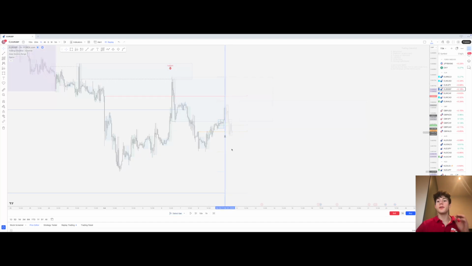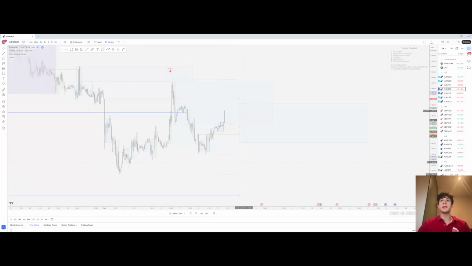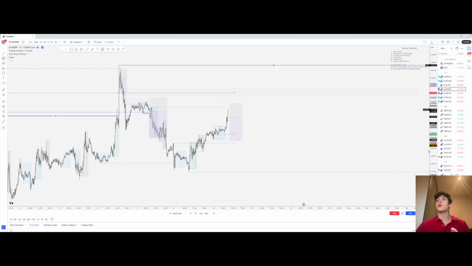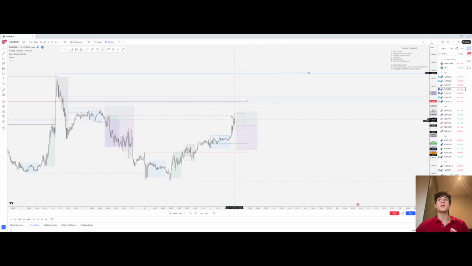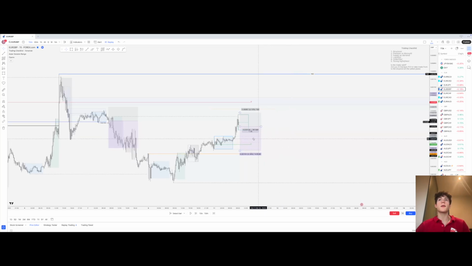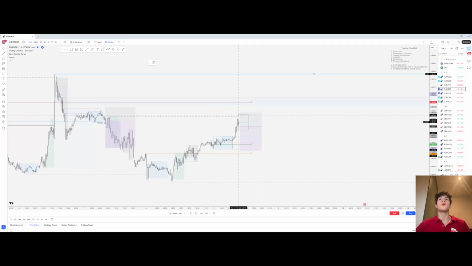I went over to the 50 minute to find an entry, right? So what happened was that after we grabbed that liquidity, I was looking for a fractal break towards the downside. So I then know that we could trade down lower because that is what I was looking at on the higher time frame.